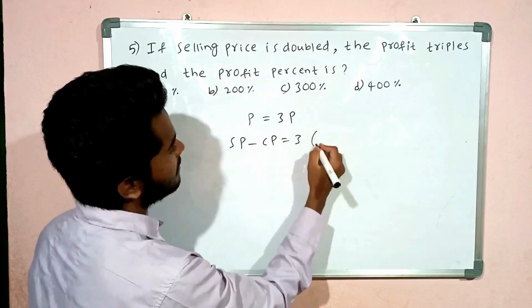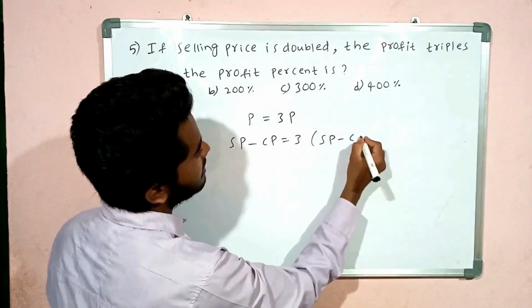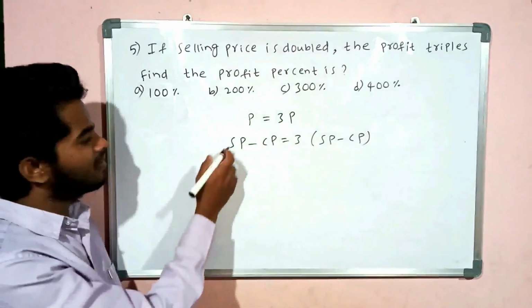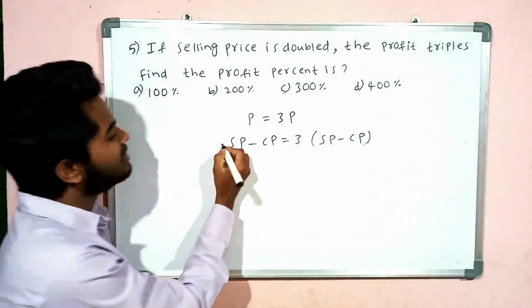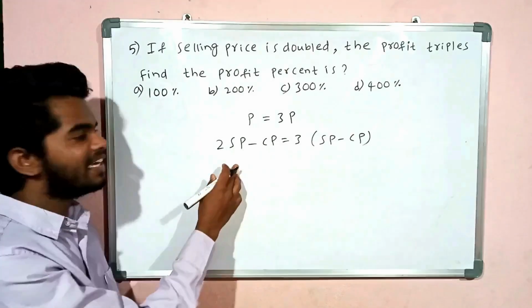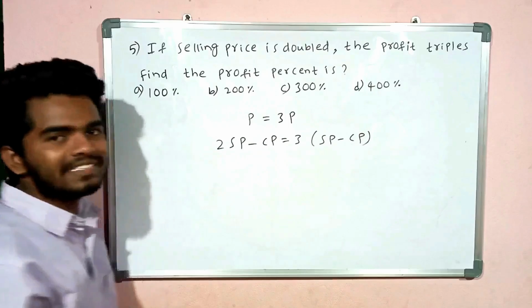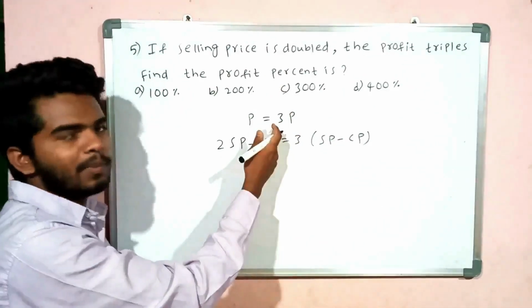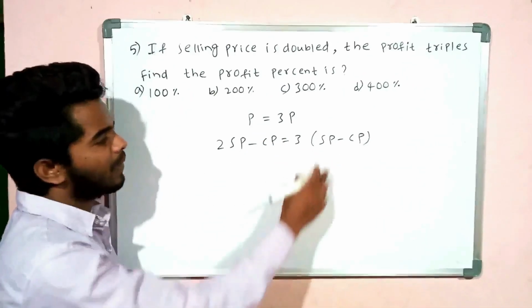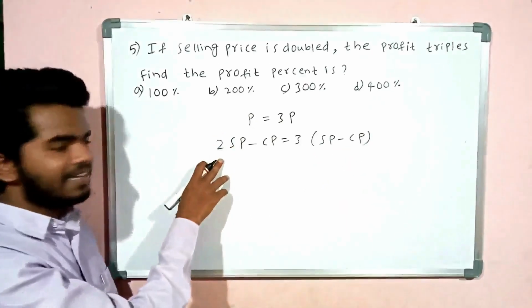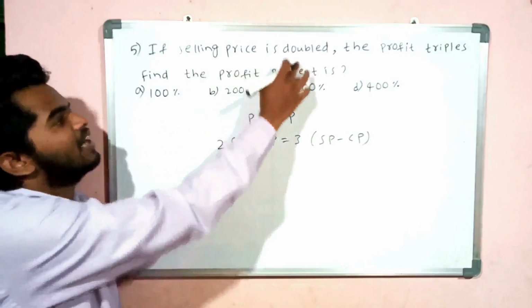Selling price is doubled. So 2 times selling price, profit is tripled, 3 times of profit. Profit equal to selling price minus cost price, and here only the selling price is doubled.